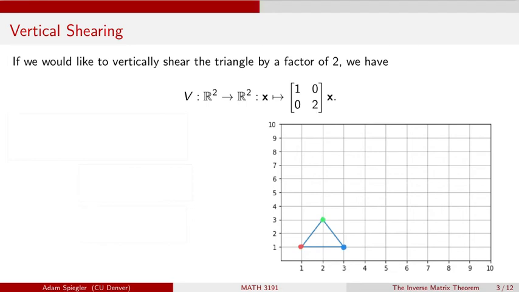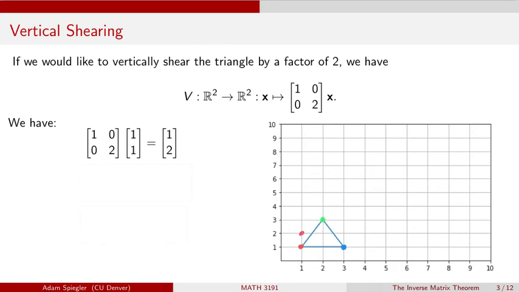And to see what this transformation is going to do to one individual triangle, we can apply it again to each of these endpoints and then connect the new resulting transformed vertices. So for example, if we apply this map to the point at 1, 1, it's going to get mapped to the point at 1, 2.